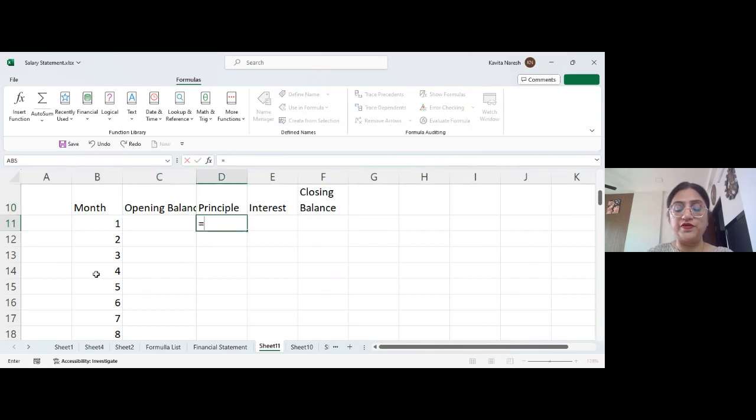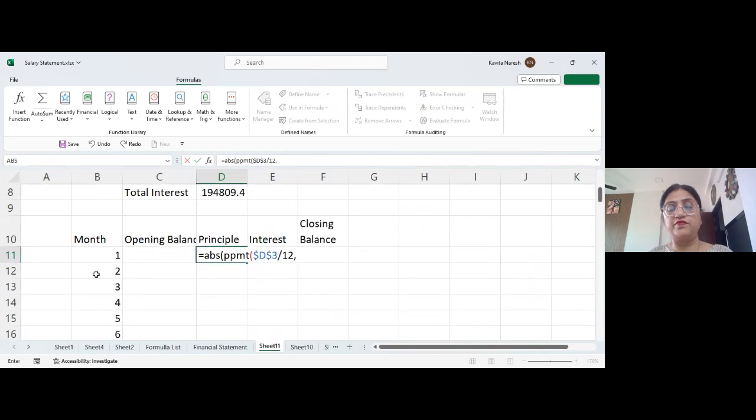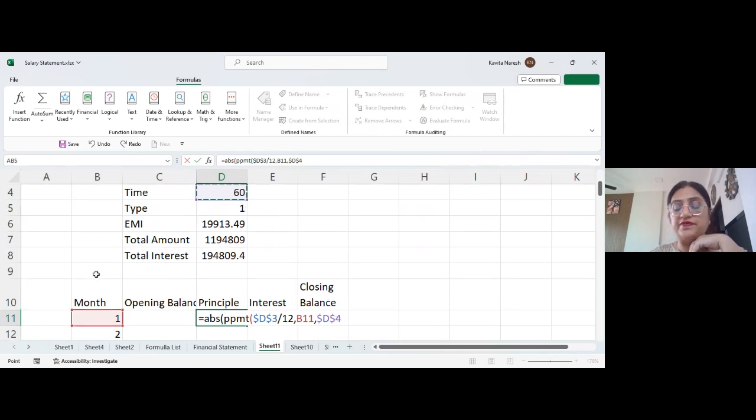Principal is equal to PPMT. I should use the ABS. PPMT rate, that is fixed, divide by 12, comma, per. Per is a variable because every month the value will be changed: 1, 2, 3, 4, 5. So do not fix it. Do not use the dollar sign. Then N per. Throughout the life, the time will be same, comma, PV.